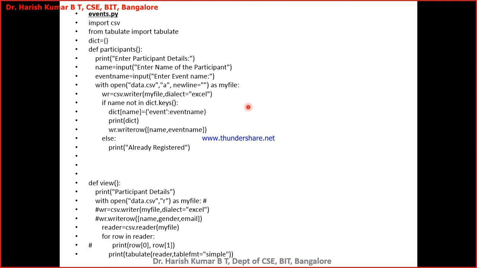So you can do it that way, or you can do it this way also with open. This is the file which I want to open, data.csv. In what mode? Append mode. And newline is equal to this. Just a minute. So newline.